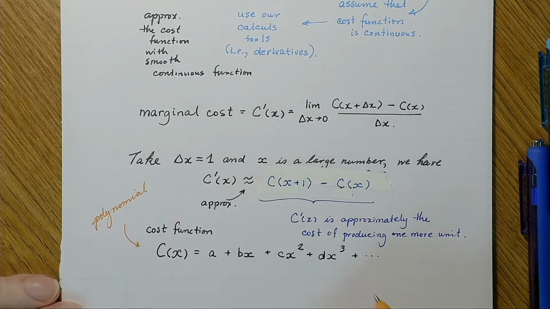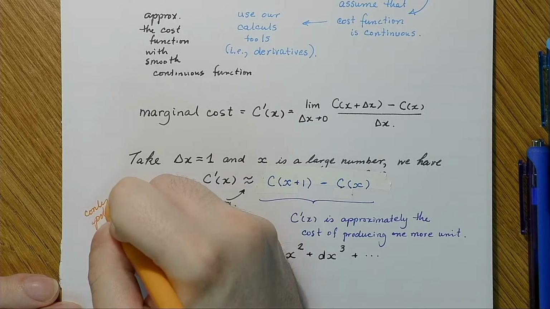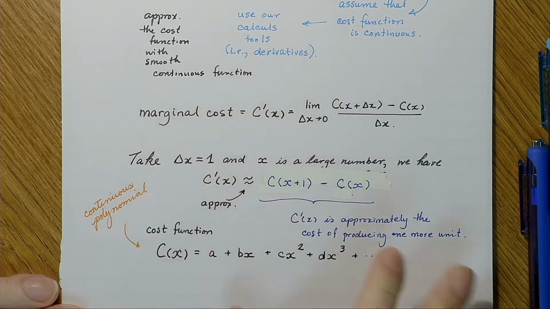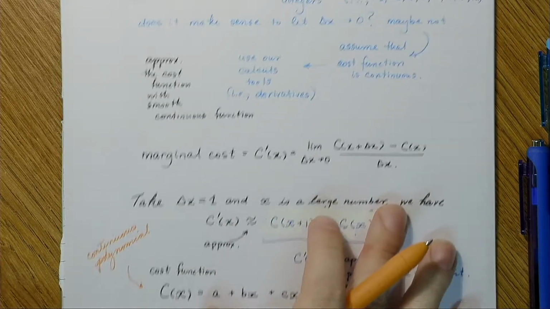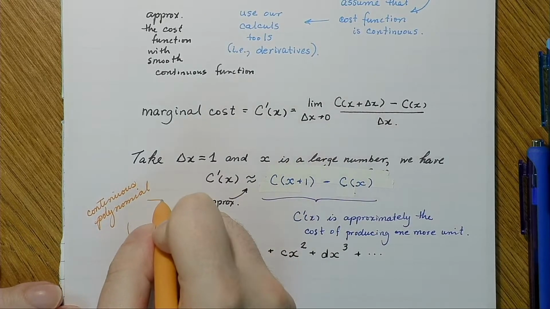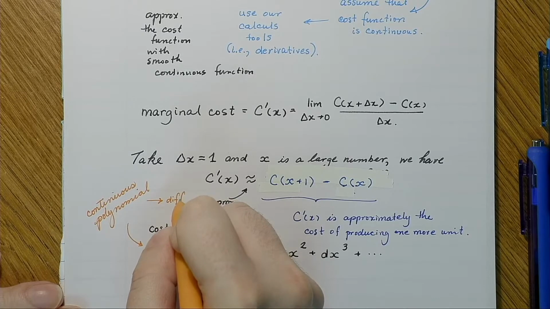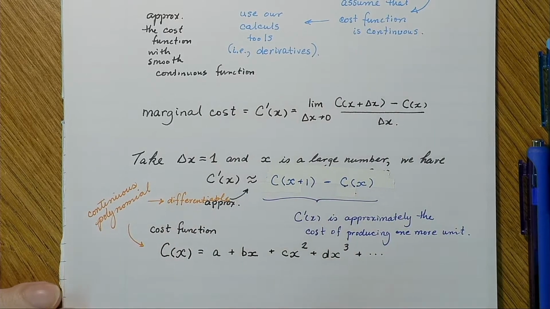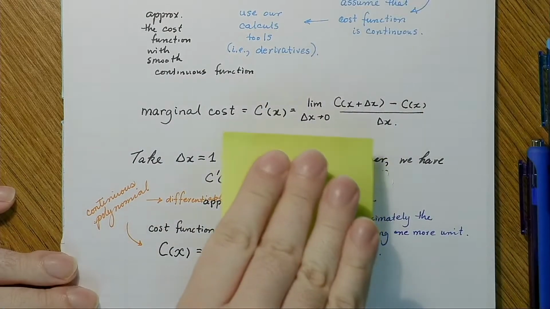But why is a polynomial interesting? In this case, this is a continuous polynomial, and because I have a continuous function, I can use a derivative. It's differentiable. That's something to remember.